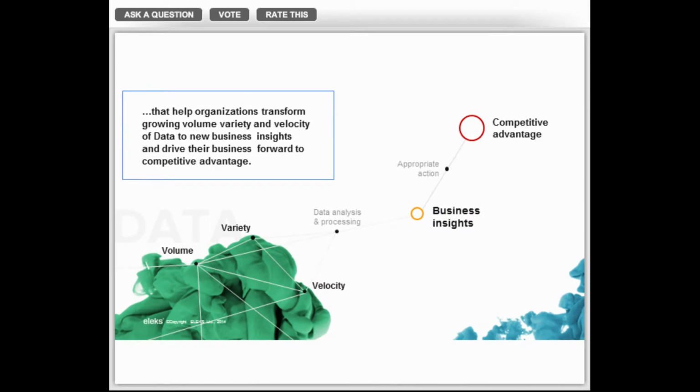These skills help organizations transform the growing volume, variety, and velocity of data into new business insights and drive the business forward to competitive advantage. So in my opinion, data science is not about formulas and it's not about algorithms. It's about how a business can benefit from these unobvious business insights and make better decisions.